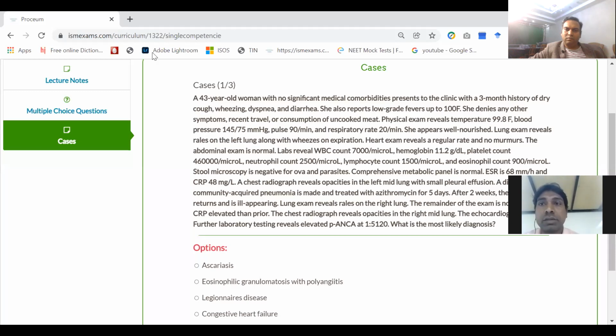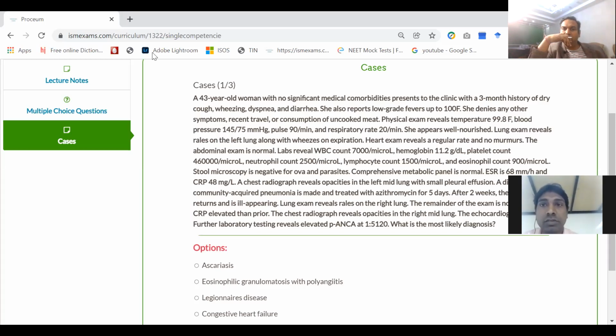Lab reveals WBC count 7,000 per microliter. Hemoglobin 11.2 gram per deciliter. Platelet count 460,000 per microliter. Neutrophil count 2,500 per microliter. Lymphocyte count 1,500 per microliter, and eosinophil count 900 per microliter.